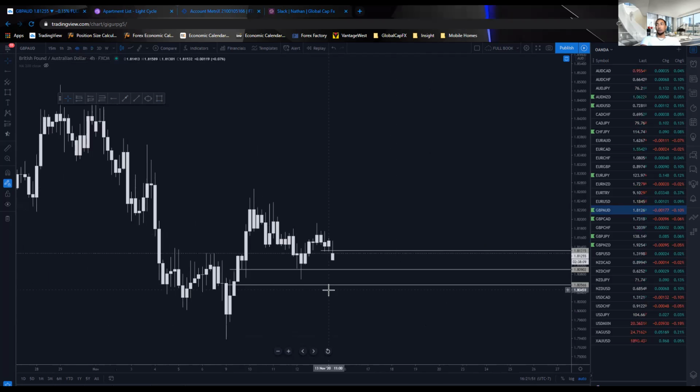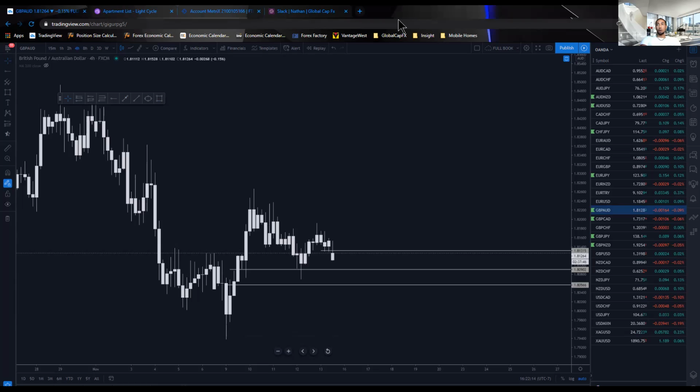If you can see my screen, I pretty much have the same markup, making sure we're on point. So here's my zone. This is the wick that we both identified as the bottom of the zone in general. So my stop loss would be, see, there are wicks right here.